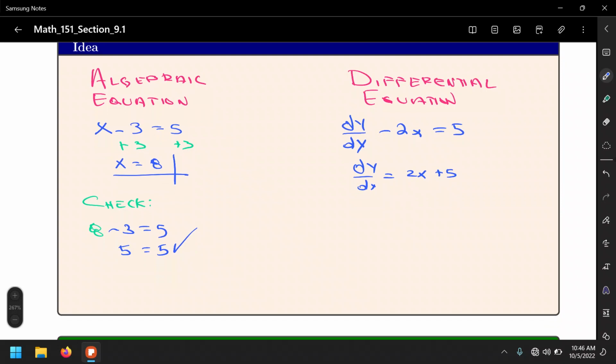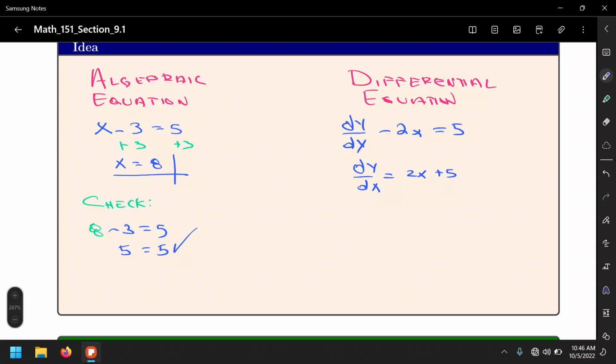Then we're going to do what we call a separation of variables, which is analogous to what we did in the algebraic equation. We separated the variables, whatever x, y, or z, whatever dummy variable you were given, on the left hand side and the constant terms on the right hand side.